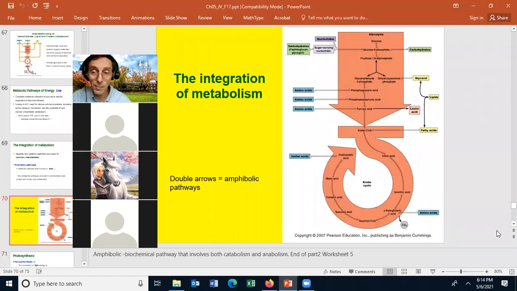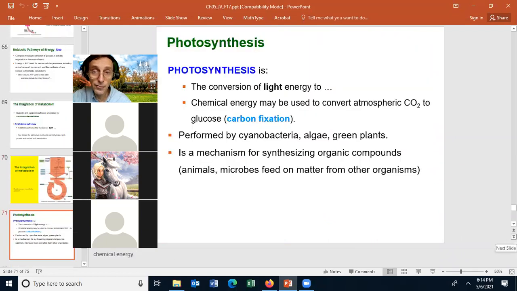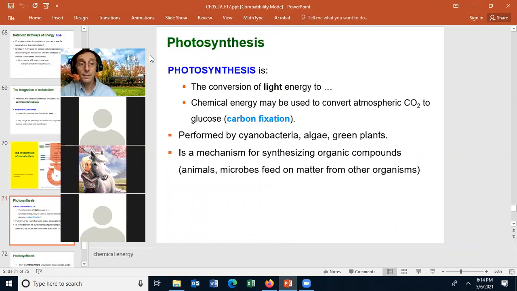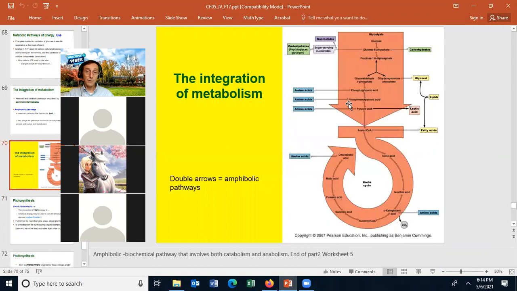Green plants are much better at amphibolic pathways than we are. All right. And that is that they can make all of the molecules they need, generally from carbon dioxide and water.